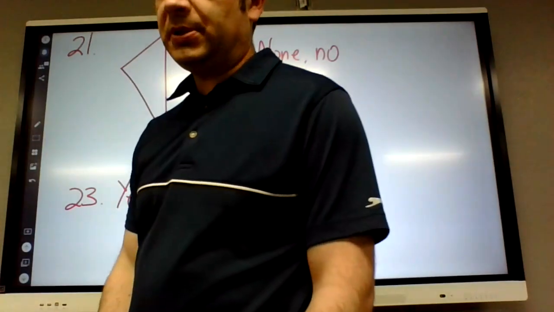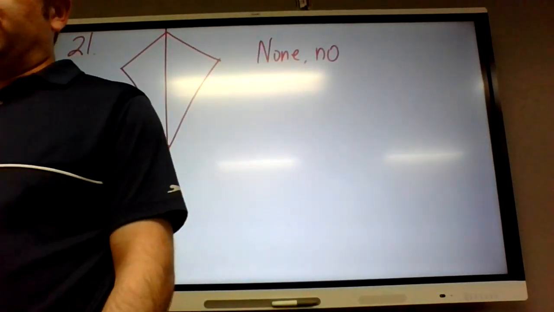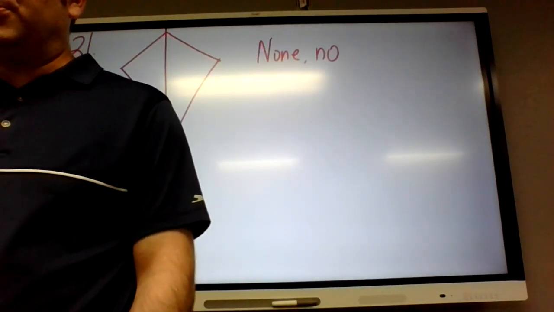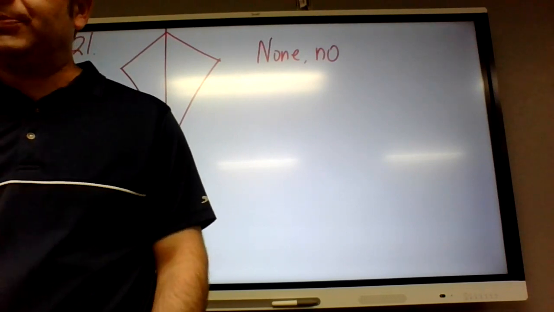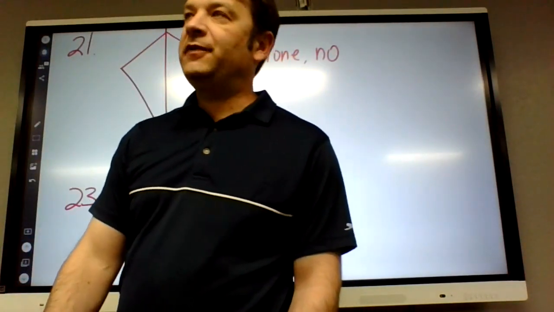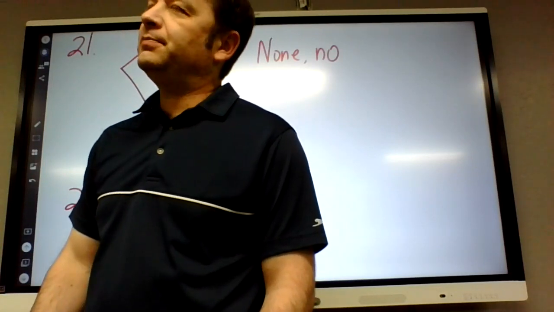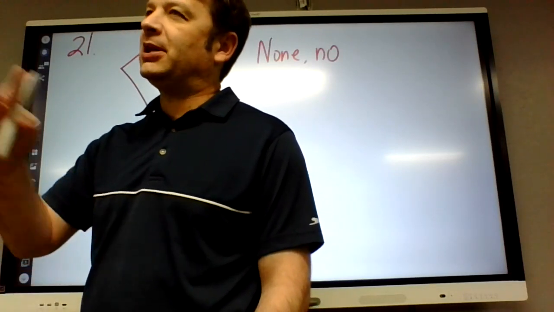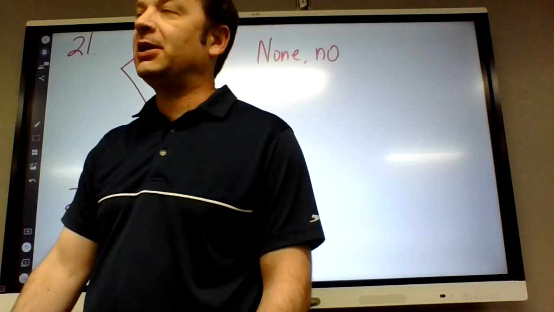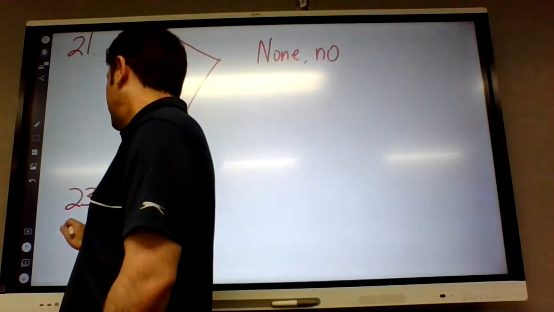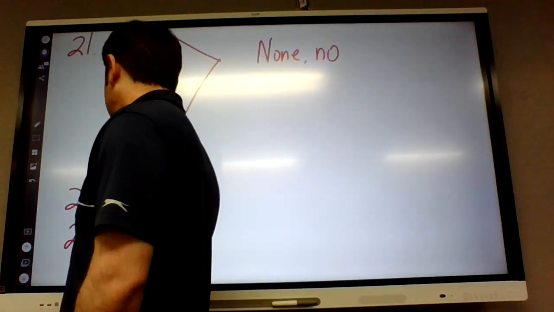Oh, yeah. 23 is not drawn. 24, probably should skip down. What must be true of the order of rotational symmetry of any figures that have point symmetry? Well, basically because in point symmetry the opposite sides are the same, that means it's got to be even. So that's what they wanted.